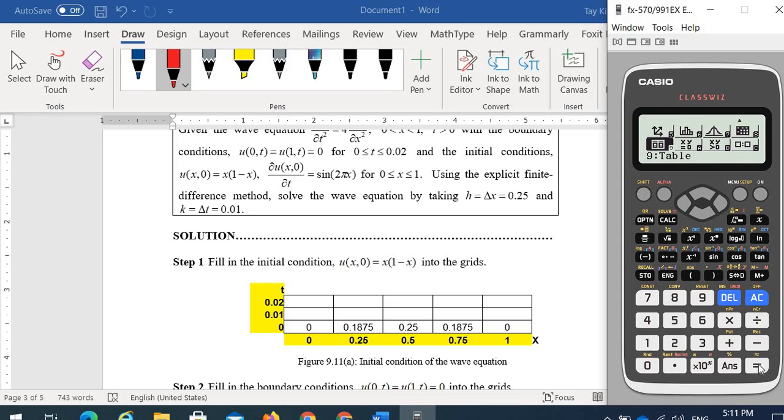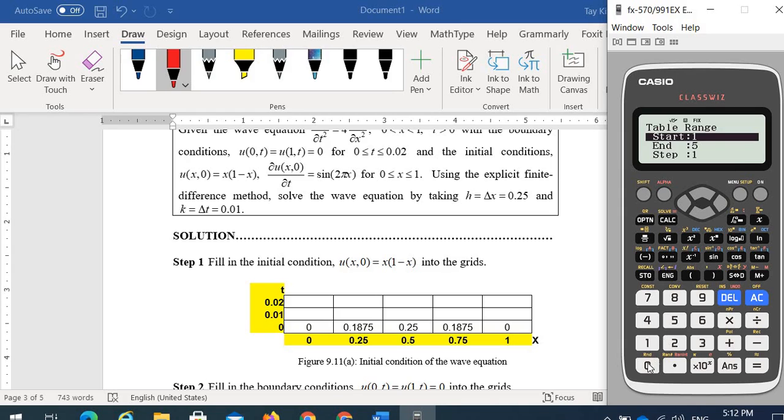Number 9. Good. Okay, the function is x(1 minus x). Equal. In this mode, you can input two functions. If you don't have the second function, you put it to 0.